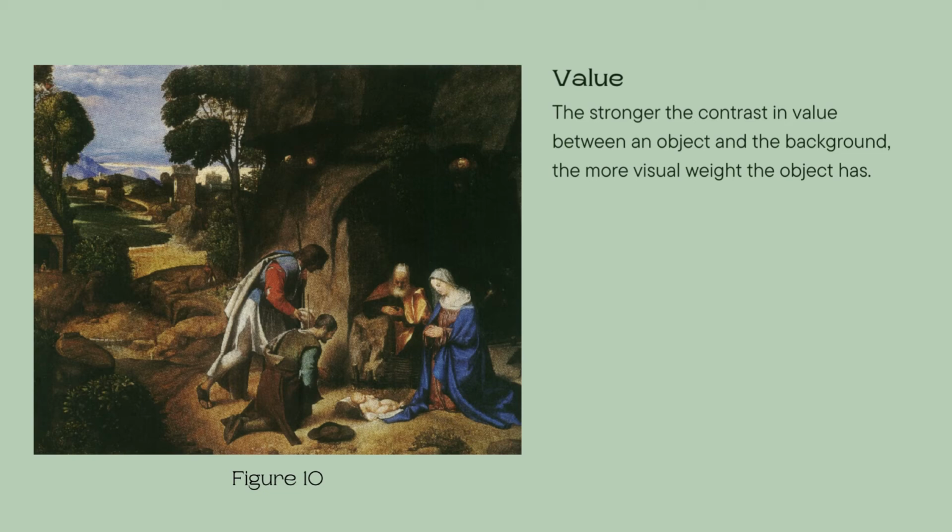Her face stands out so much more because it is placed against the dark value of the cave's interior, while the infant and the shepherd are placed against the mid-value tan of the ground.